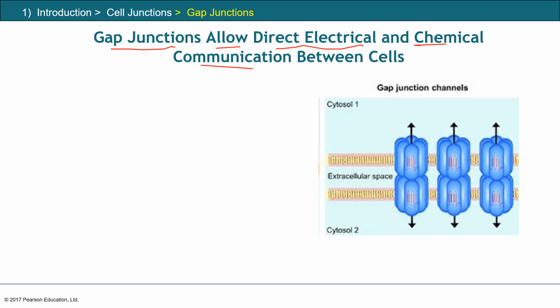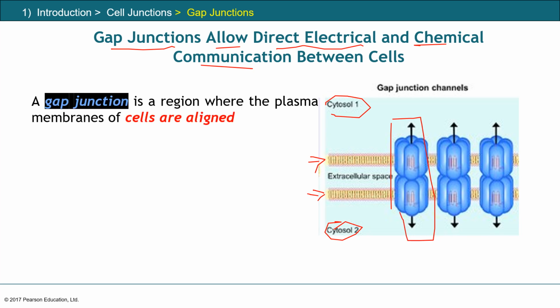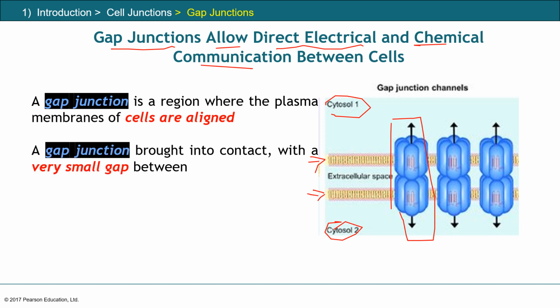Here you have the cytosol of one cell, here you have the cytosol of another cell, and here you have the respective membranes. What you need here is some proteins that are aligned. This is a region where the proteins are aligned in the membrane.